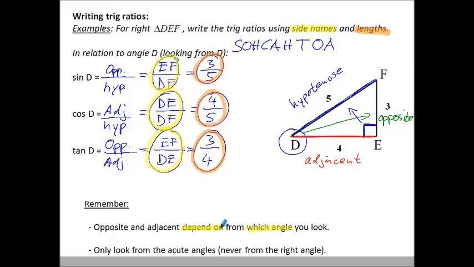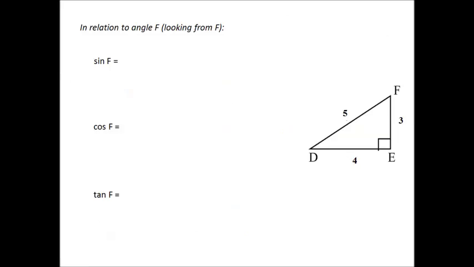The hypotenuse doesn't change, we said that before. The other two sides do change depending on the angle. And the other thing, we have mentioned that before, we only look from acute angles, never from the right angle.